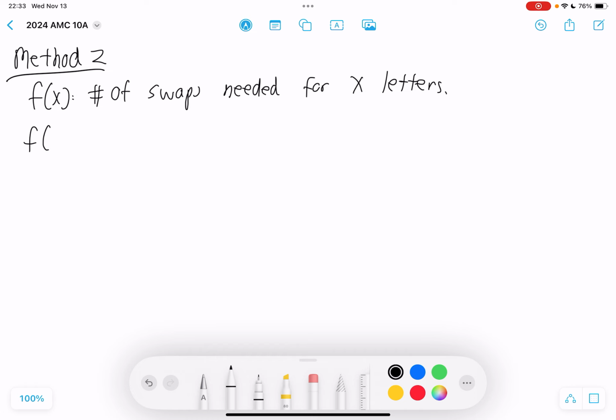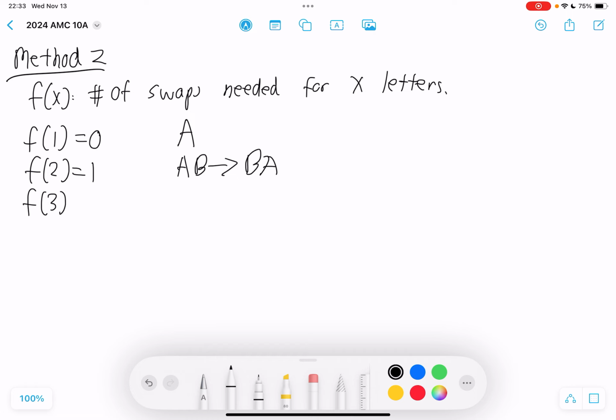Well, f of 1 is just going to be 0 because there's only one letter, just A. So that's already in the reverse order. f of 2 is going to be 1 because you have AB. You want to change it to BA, so you just swap the two letters.